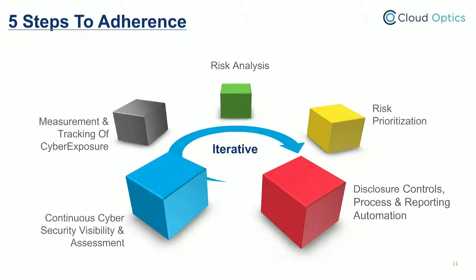Then the very important aspect of disclosure control processes and reporting automation. By this, we need to evaluate what cybersecurity controls are applicable, what kind of disclosure controls we need to put in place, and most importantly, how do we automate that? Certain aspects of information, it's a top-down approach, where based on what input the board needs to make the disclosure, or our CIO needs to make to the board internally, those aspects need to be automated and streamlined.